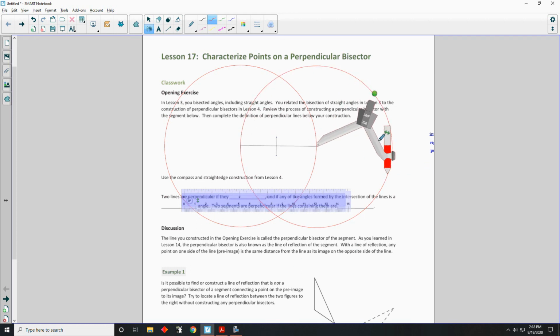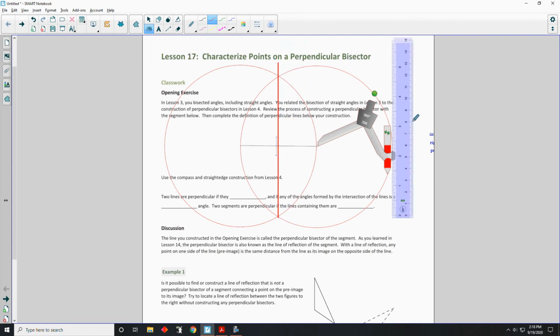When you do that, you have two circles that intersect. If I put the compass as close as I can to one place where the two circles intersect and rotate it like so and draw a line, there is a perpendicular bisector.